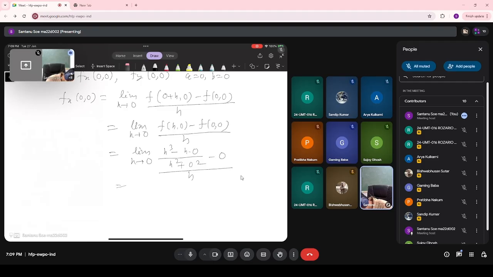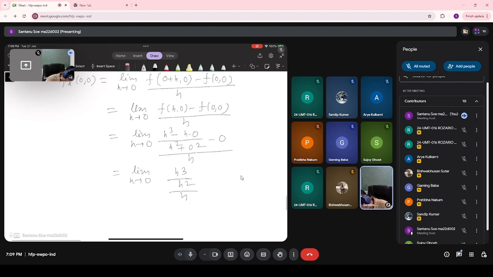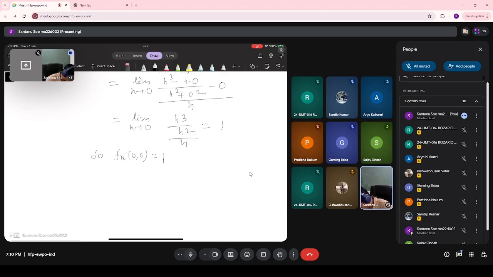So this will be limit h tends to 0 of h cube divided by h square, divided by h, which is h divided by h. So this is nothing but 1. So fx of 0 comma 0 is 1.